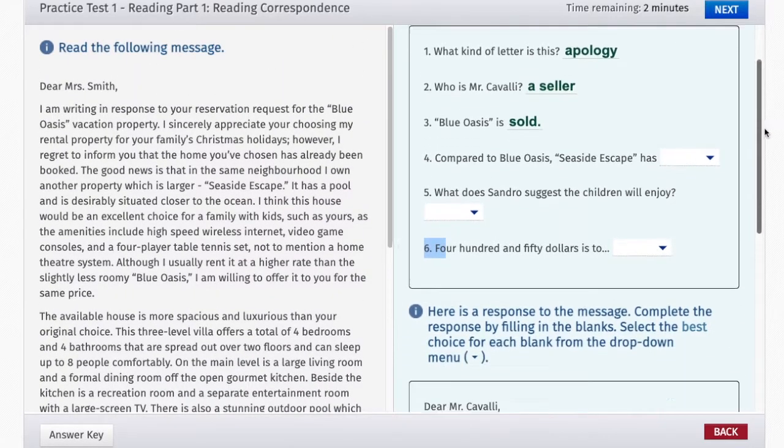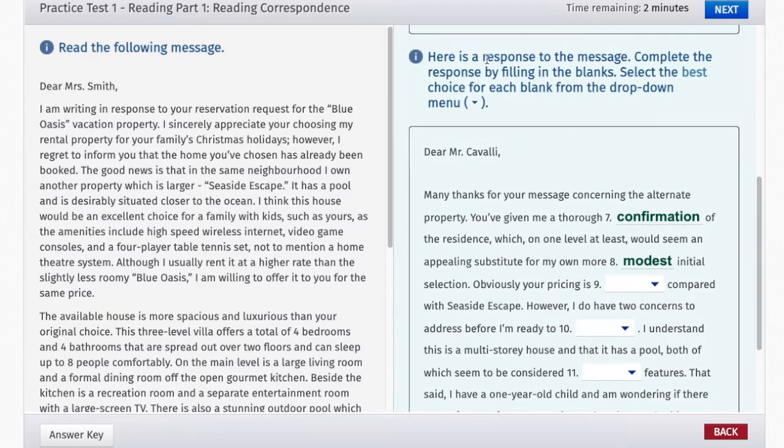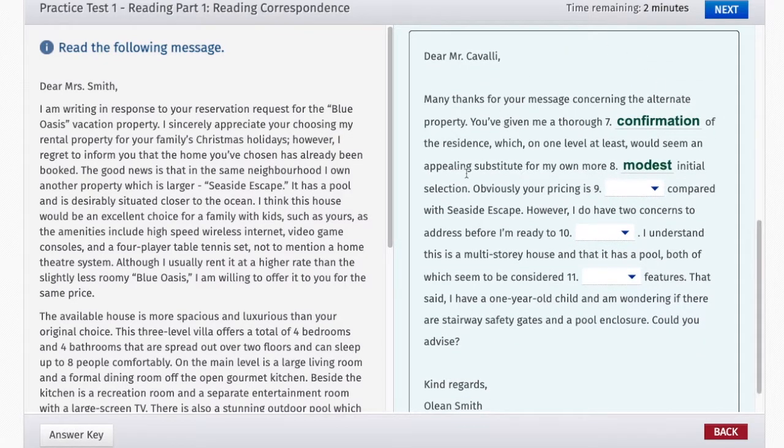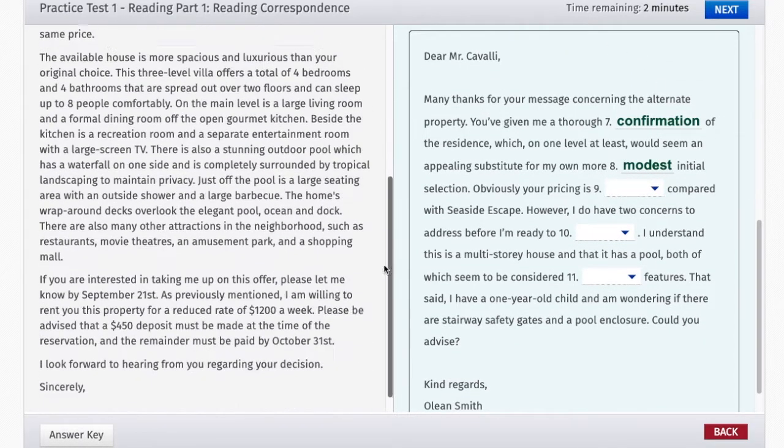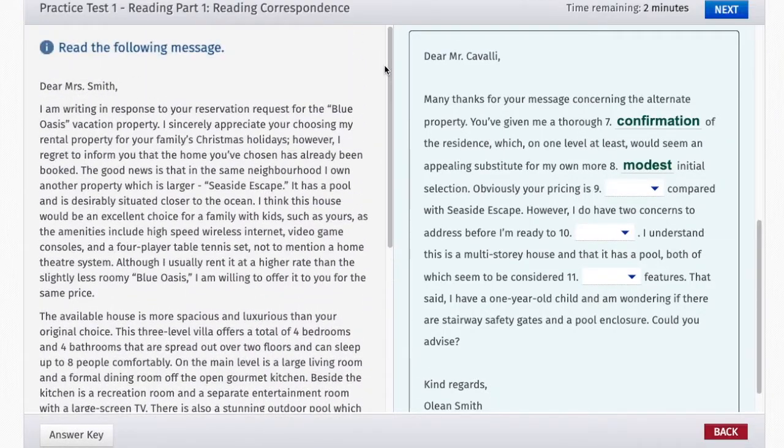Now, at the bottom, we have the response message, and it's a response email to this email. So what we need to do very carefully, according to our guide, is read sentence by sentence and maybe even a little more. This part right here, we need to read very carefully to understand the context.